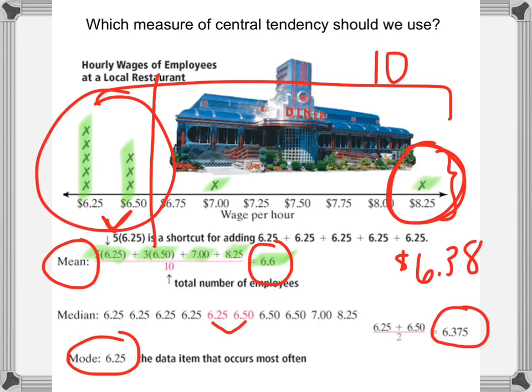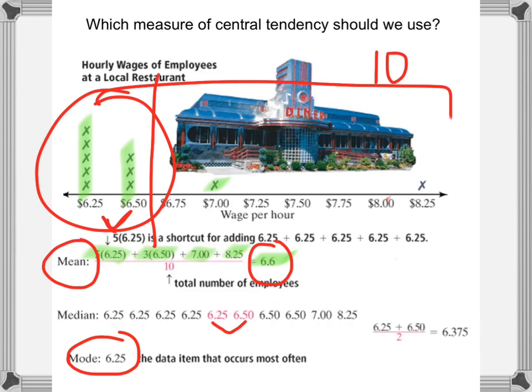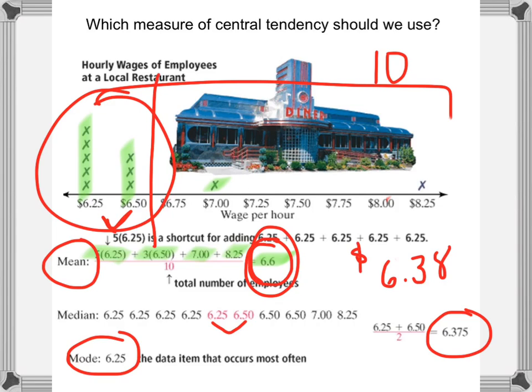Because you had an outlier at $8.25, you skewed your data upward. That's called skewing it. It pulls the measure of central tendency, that is the mean, upward, whereas the median is more reflective. If I say that most people earn $6.38, then that's a more accurate picture of what most people earn.